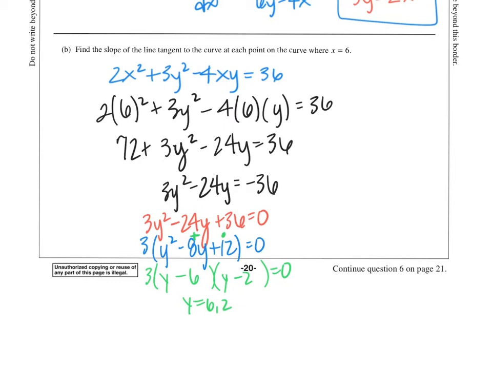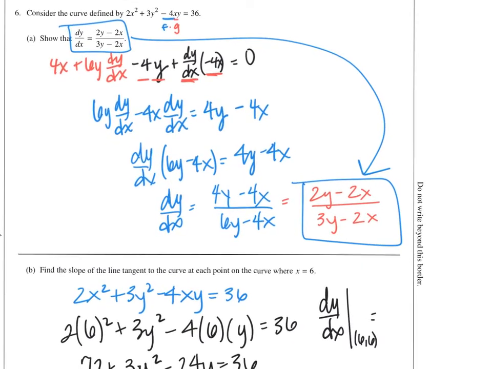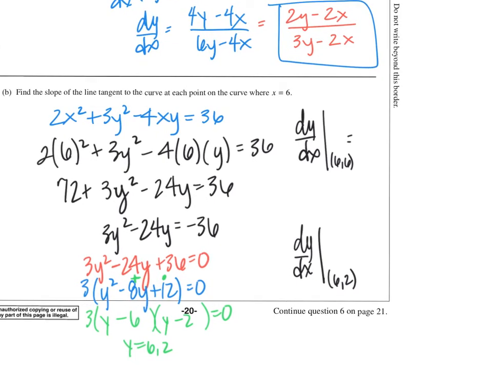It then says find the slope, and with the derivative that they gave me, they want us to find that slope at the point (6, 6). We are also going to need to find that slope at the point where x is 6 and y is 2. My slope was 2y minus 2x over 3y minus 2x.